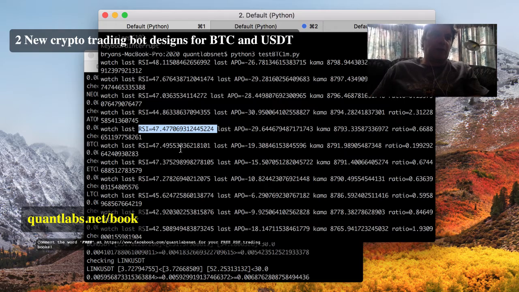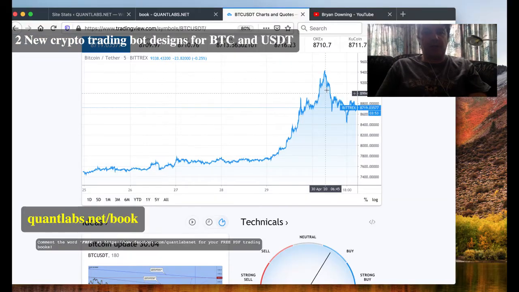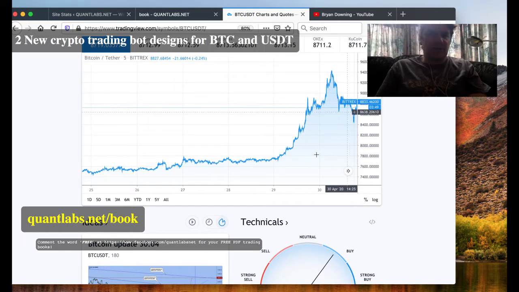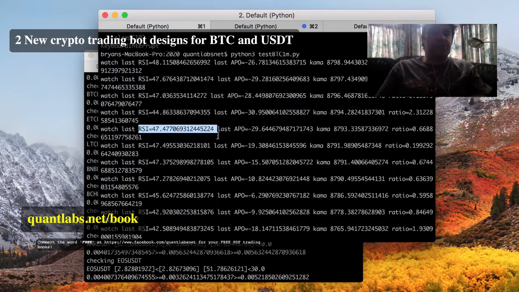RSI, from what I'm tracking with Bitcoin, if it goes into a mean reversion, like from this point here, where it kind of goes into a weird mean reversion, what I'm finding is the RSI, if there's a solid entry, will be at least 55 for a potential entry.